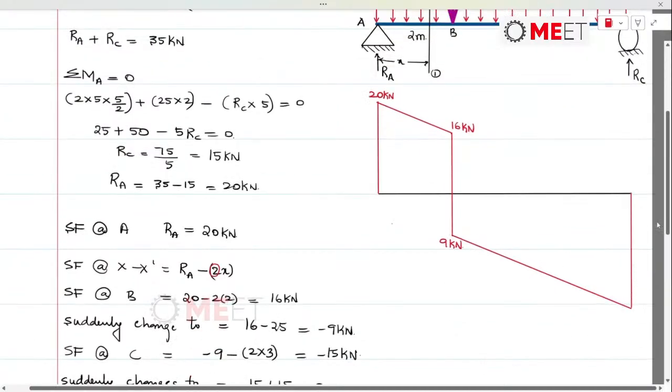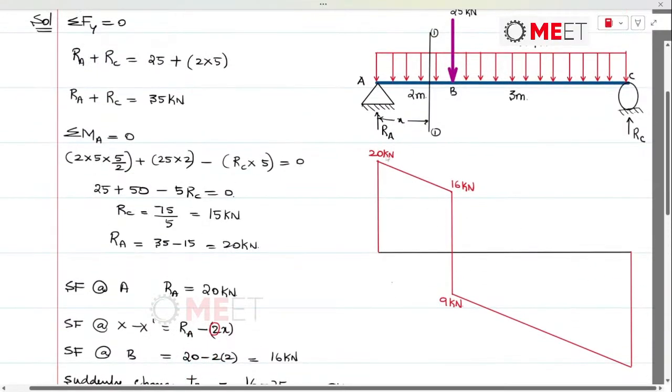So here we find that the reaction at C is having a greater height, which needs to be corrected. Let me do that.